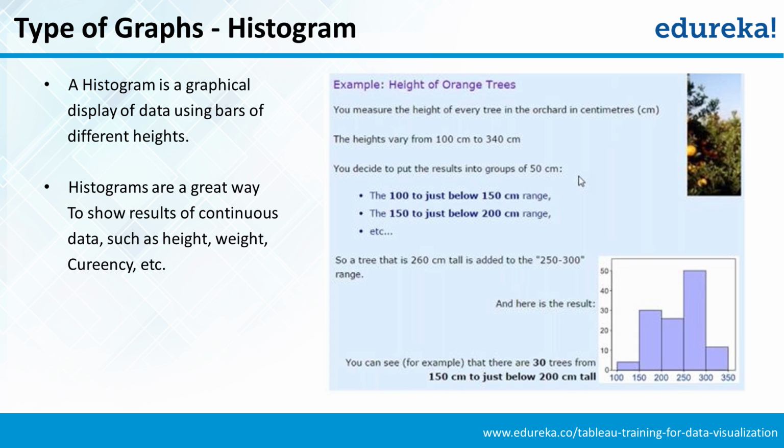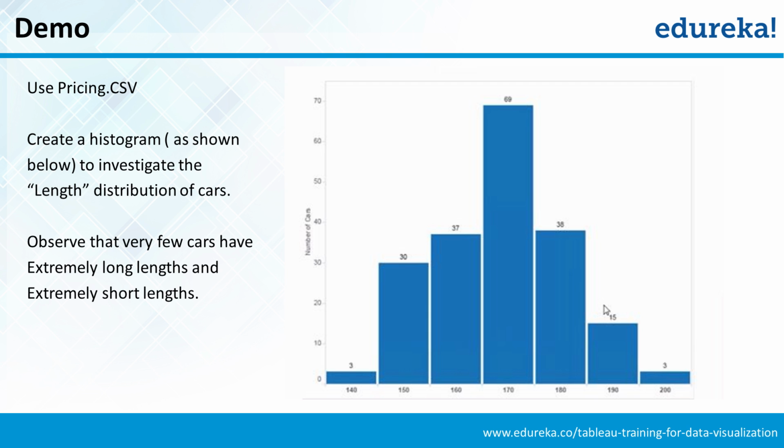These buckets are called bins. Now, by looking at this histogram, we can say most of the trees in our orchard are relatively taller. We have very few trees which are extremely short, and most of the trees fall in the 250 to 300 range. So that is the use of a histogram.